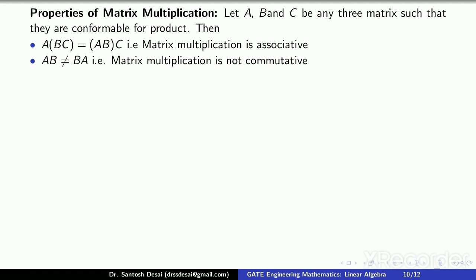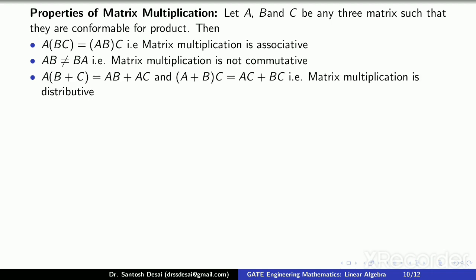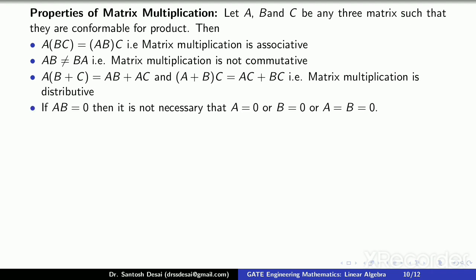Second property, AB is not equal to BA. That is, matrix multiplication is not commutative. A into (B plus C) is equal to AB plus AC, and (A plus B) into C is equal to AC plus BC. That is, matrix multiplication is distributive.